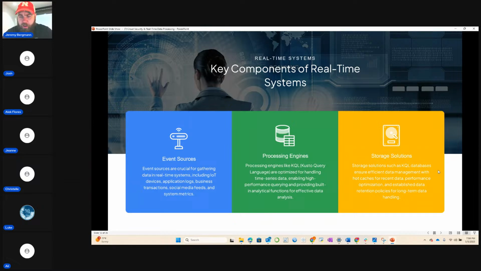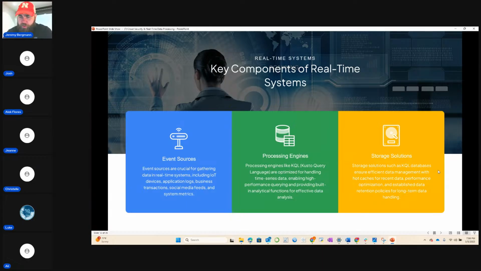So maybe you want to capture some of it in real time for whatever reason and do some processing and alerts. But then maybe you want to store some of that data for retrospective analysis or for other purposes. Maybe it's not in that KQL database for immediate, real-time analysis. Maybe you store it somewhere else.